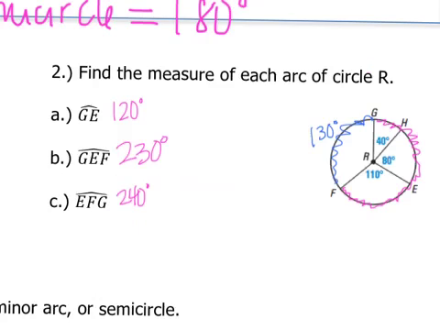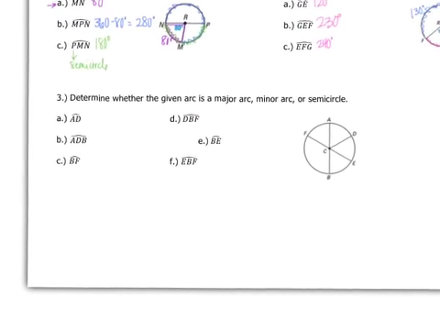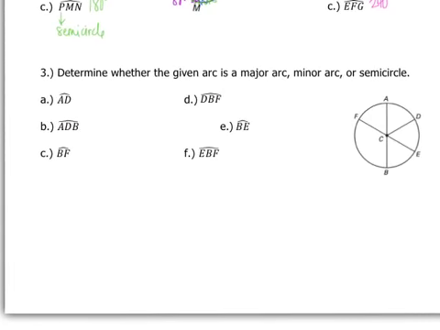The next example has us identify whether the given arc is a major arc, a minor arc, or a semicircle. Right off the bat, the easiest thing to identify should be the minor arcs. Why? Not even looking at the picture, just looking at the names, they only have 2 letters. So if you're looking at the very first one, arc AD, I know that if it's named with just 2 letters, that has to be a minor arc.